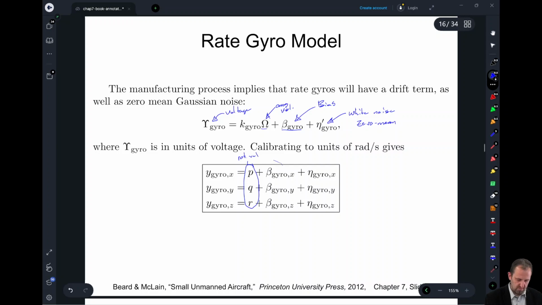We'll also model it as some bias, which we assume is constant over the time that we care about. And then we have our white noise. And so we can generate that signal rather easily. We just take our rotational velocities and add the noise terms to it. There you go. Now we have a biased sensor model.